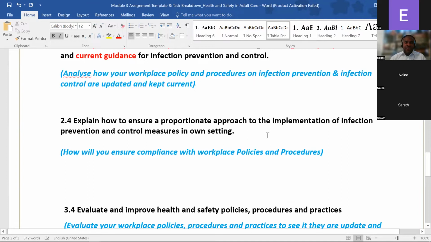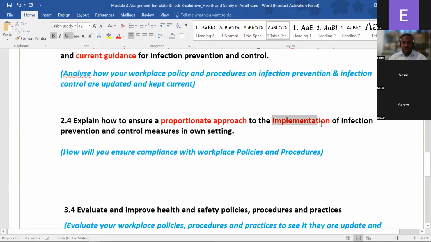Then 2.4, explain how to ensure a proportionate approach to the implementation of infection prevention and control measures. So the key word to take note of is proportionate what? Approach. This simply means, how will you ensure compliance with workplace policies and procedures?